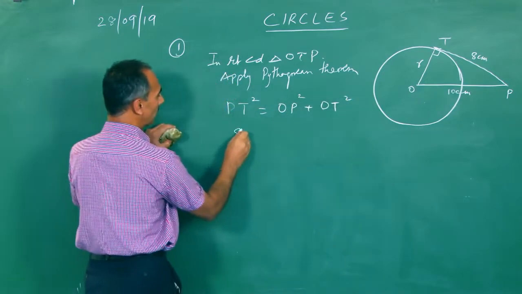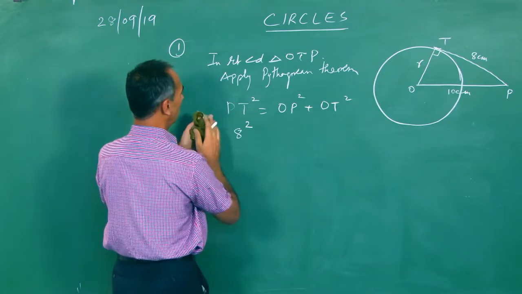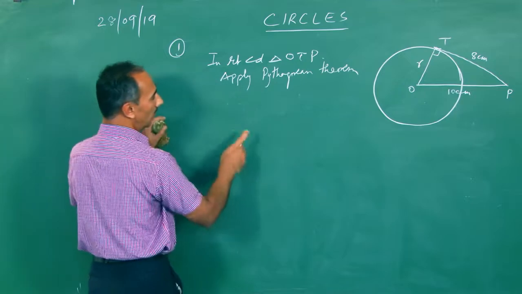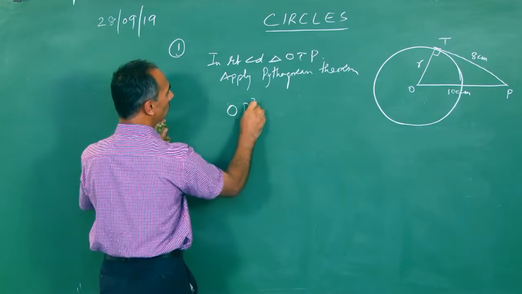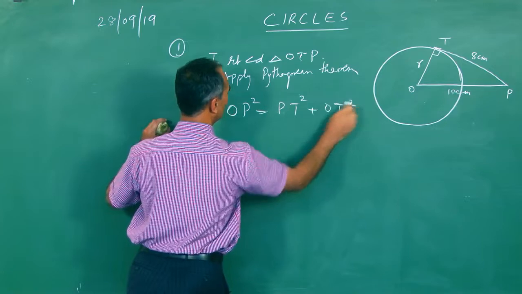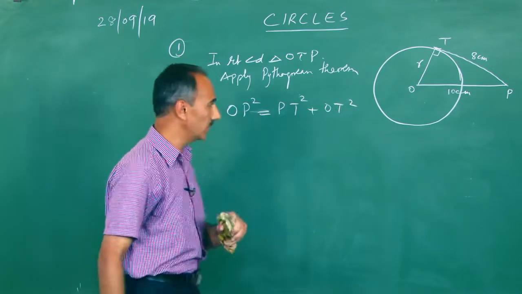Now PT is 8, square of that. No, it should be OP square. There's a correction, my dear friends. Hypotenuse is OP. OP square is PT square plus OT square. Hypotenuse is always the side that is opposite to 90 degrees.